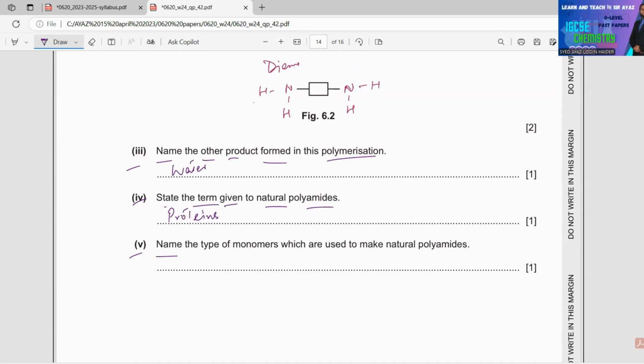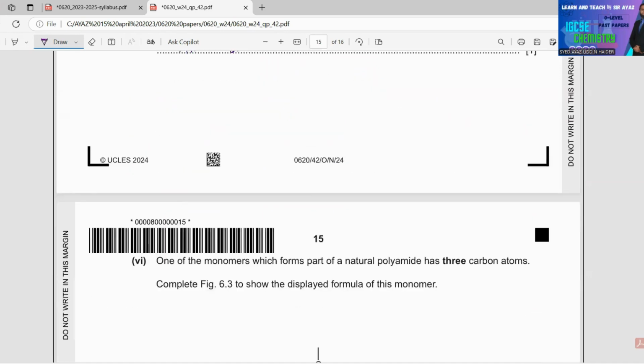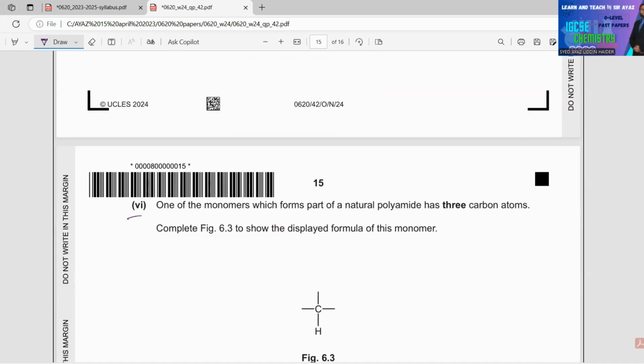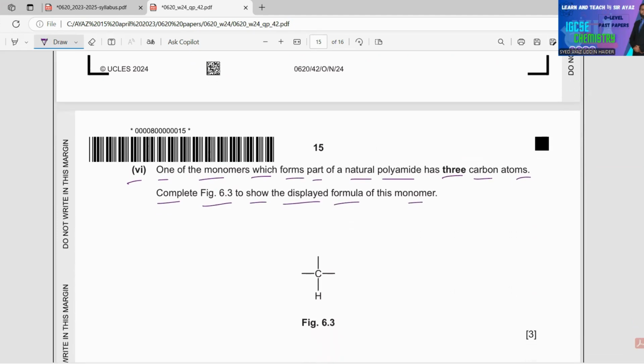Number 5, name the type of monomers which are used to make natural polyamides. Must be amino acids. Moving to next part, which is part 6. One of the monomers which forms part of a natural polyamide has 3 carbon atoms. Complete figure 6.3 to show the displayed formula of this monomer.